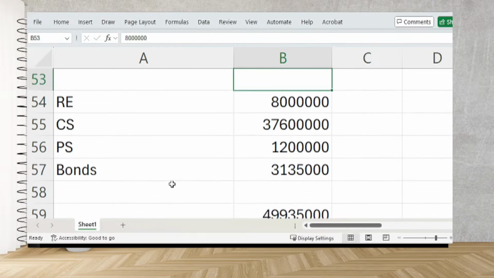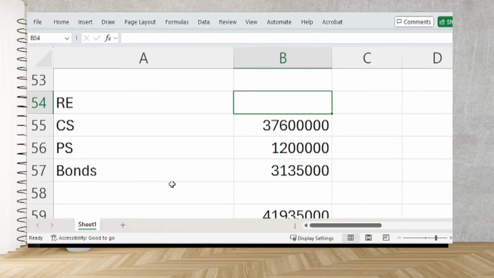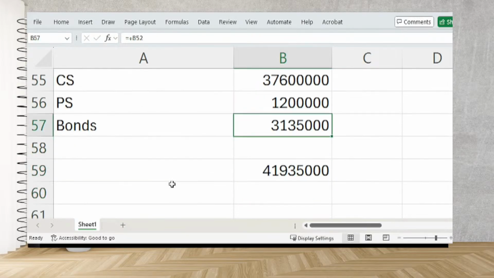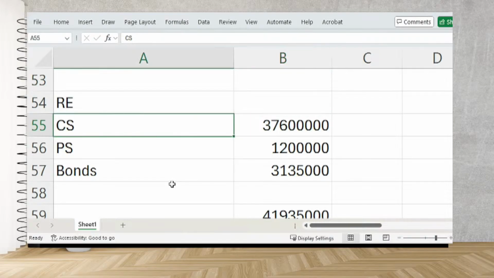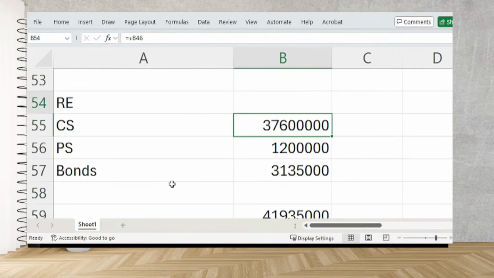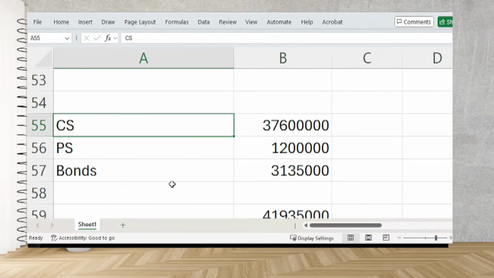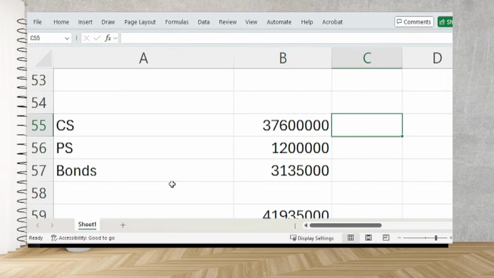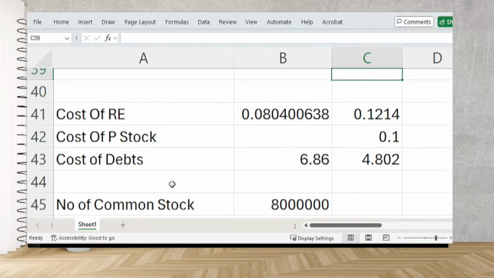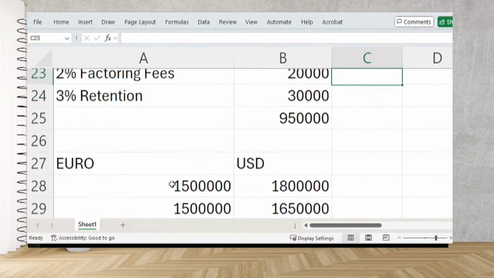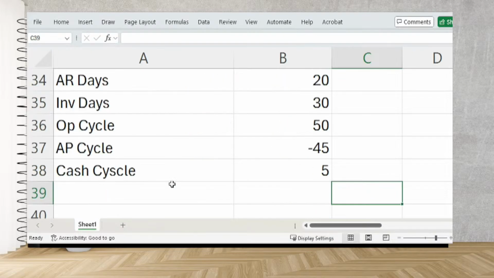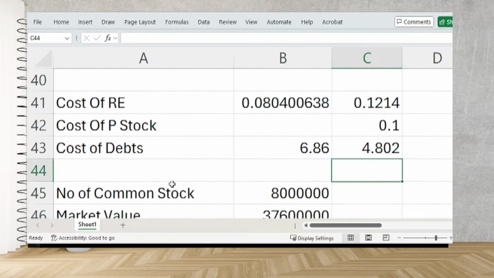If I take the market value, then I don't require to take the retained earnings, because we are considering the common stock at market valuation. And we are aware the cost of common stock means the same as the cost of retained earnings. So that number, the cost of retained earnings, is 12.14%, 10%, and 4.80.